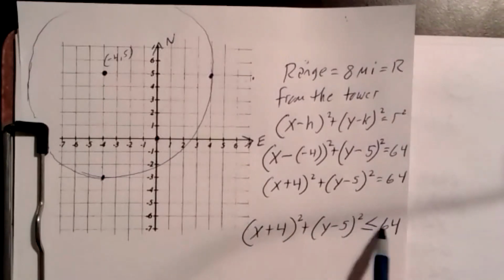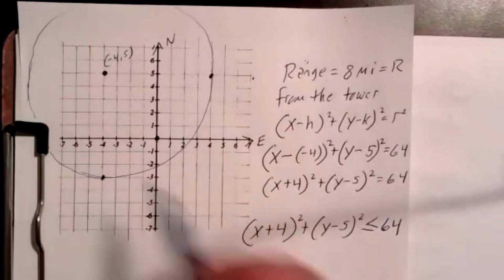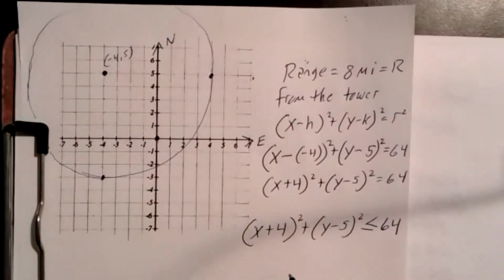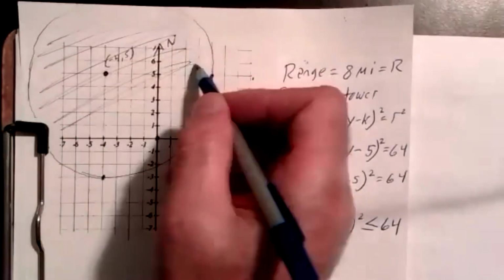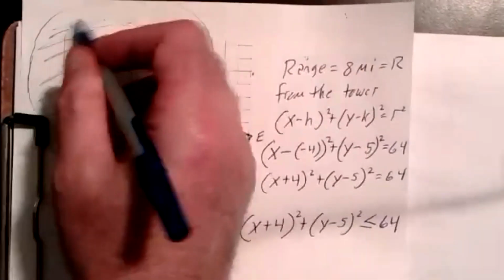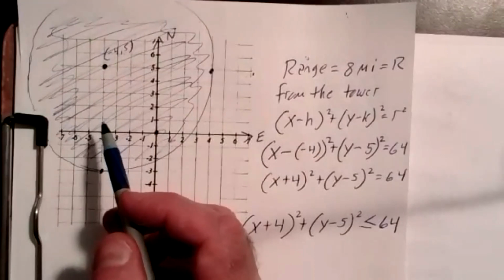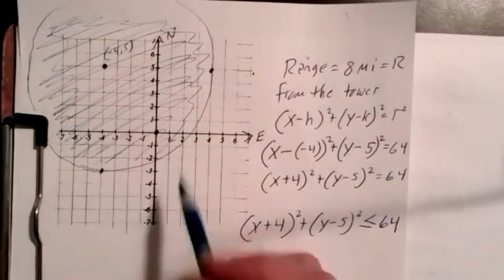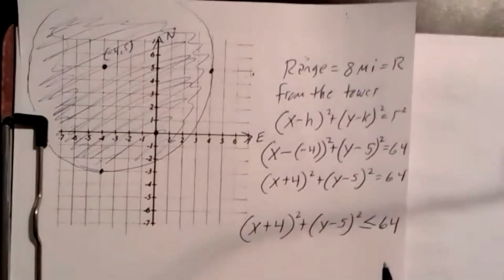And the solution set to this inequality would be any point that lies either on the circular boundary or inside. So ladies and gentlemen, any home that lies within the circle or on the boundary of the circle would be able to receive reception, would be able to get the signal from this tower. Any home that's outside the circle is not going to have access to this signal.